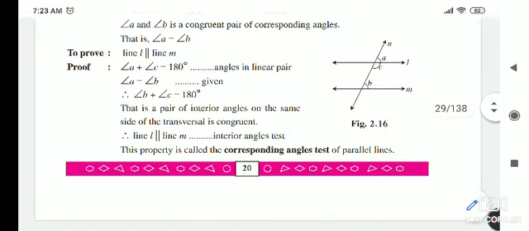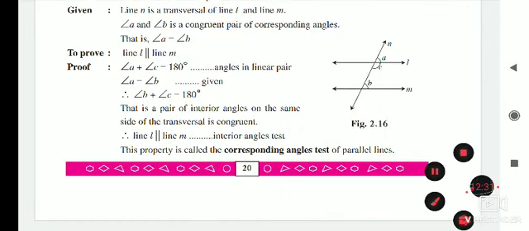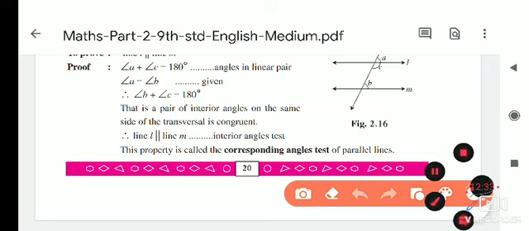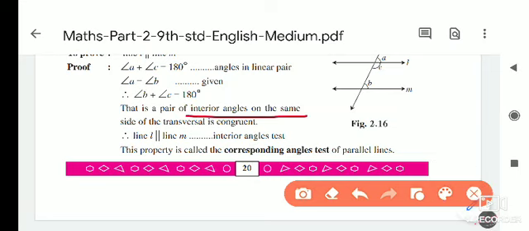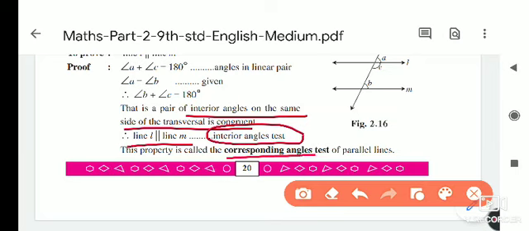So from this we are getting that line L is parallel to line M, that is, the pair of interior angles on the same side of the transversal is supplementary, therefore line L is parallel to M. The reason behind it is the interior angles test, and this property is called the corresponding angles test of parallel lines. Understood, all of you?